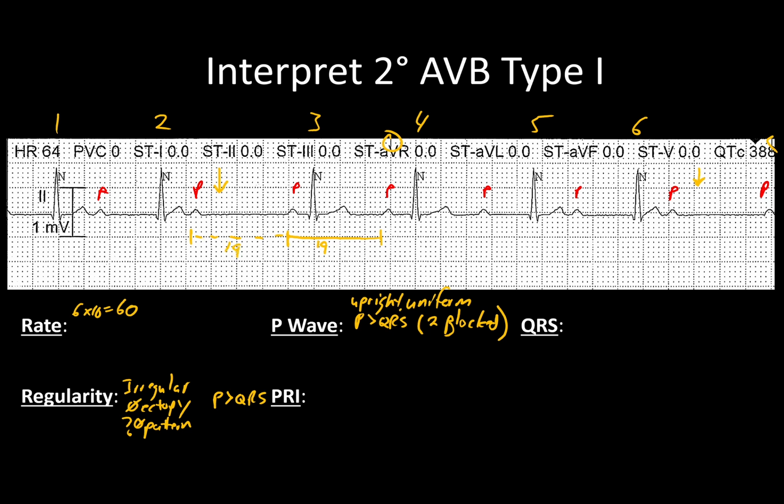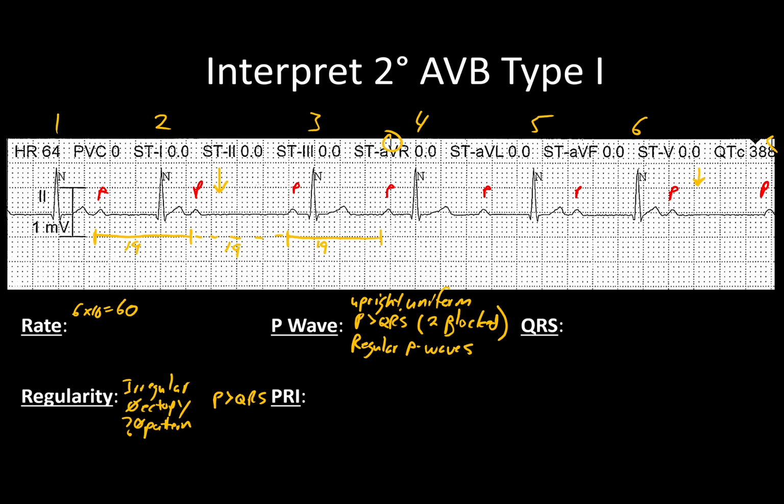That is also 19 small boxes. And if I go back one more to this guy here, that one also measures out to be 19. So I do have regular P waves, or that the P waves are maintaining regularity.